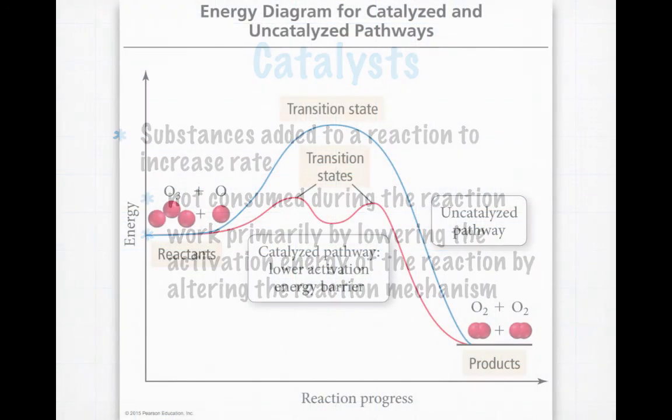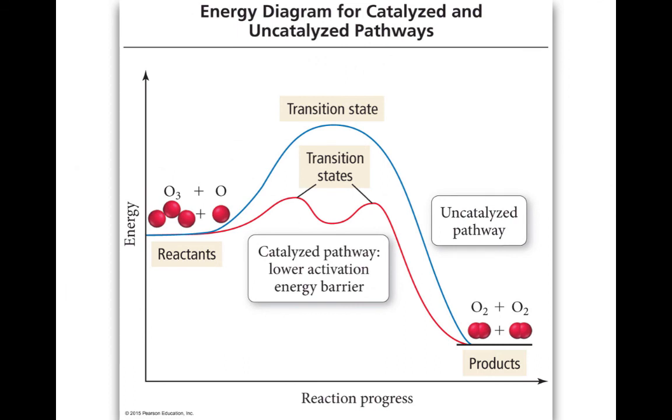Here's just a simple graph of a catalyzed and uncatalyzed reaction. We have in blue our regular uncatalyzed reaction. You can see we've got quite a large energy for the activation energy there.